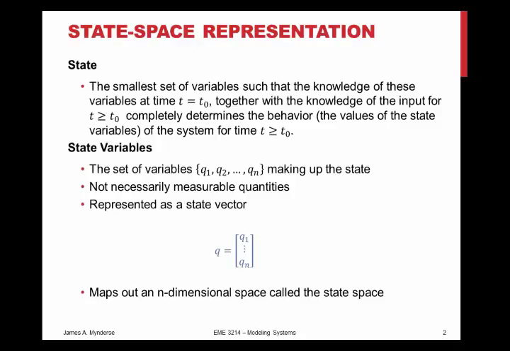For instance, if you've got a mechanical system and you want your position and velocity to be the states, even though you may only be able to measure position or only measure velocity, you can still use both of them as states.